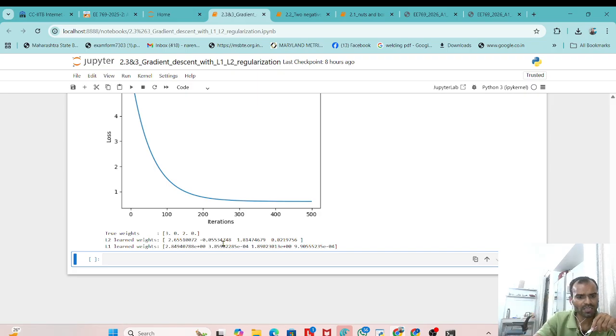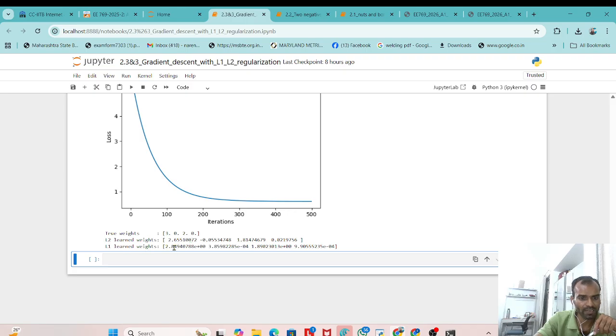In this case, you will see that it penalizes mildly for the smaller weights. Here you will see the true weights. At the start we assigned the weights, and those assigned weights come down for L2 and L1. It comes down to this, and to this.